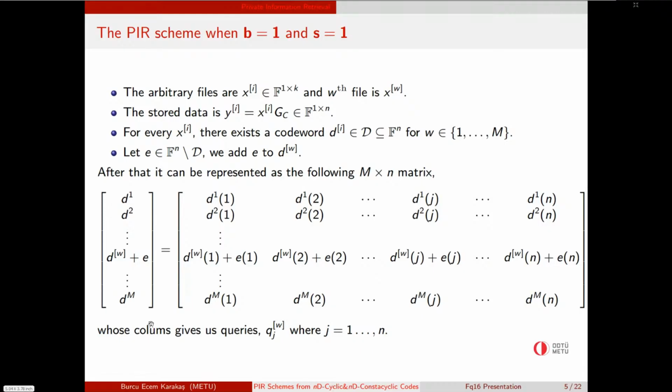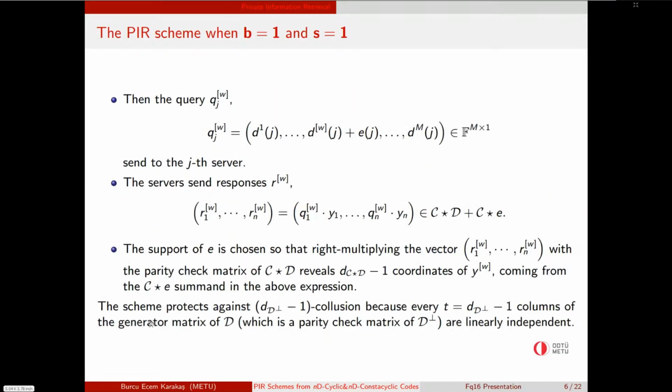We add this e^(i) to the desired W, and the columns of this n times n matrix give us the queries q_j^(w). These queries are sent to the j-th server, every j-th server. Then the servers send the responses r^(w) in this vector form.